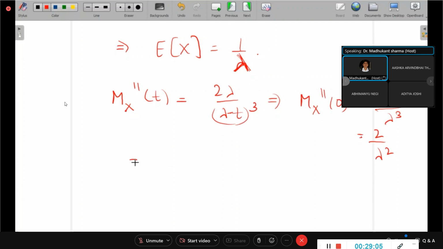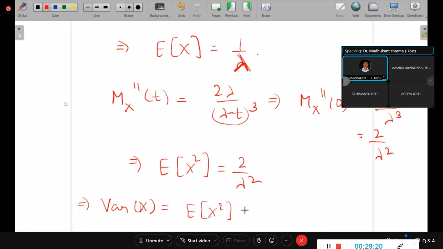So the expectation of X square equals 2 by lambda square. Now the variance of X equals the expectation of X square minus the expectation of X whole square, which is 2 by lambda square minus 1 by lambda square, so you have 1 by lambda square. This is the variance of X.